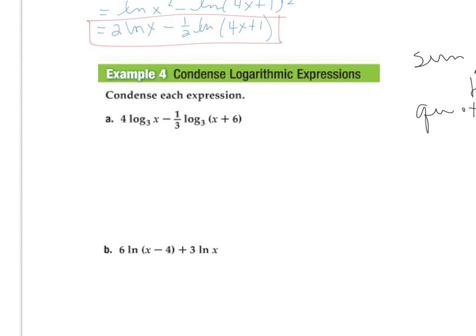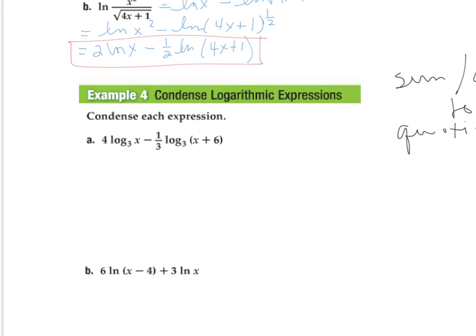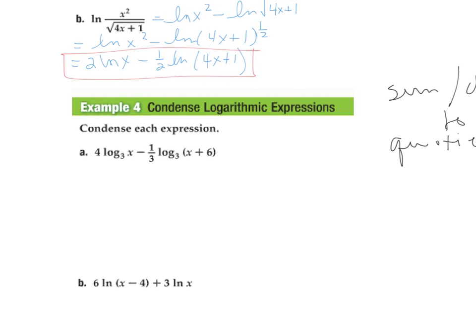So for A, I'm just kind of working backwards. Anywhere I see a multiplier is now going to become an exponent for my problem. So that looks like how I'm going to start this.